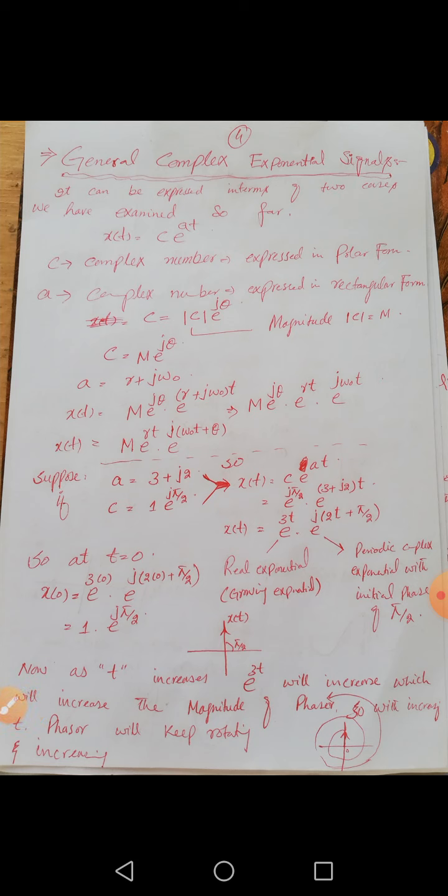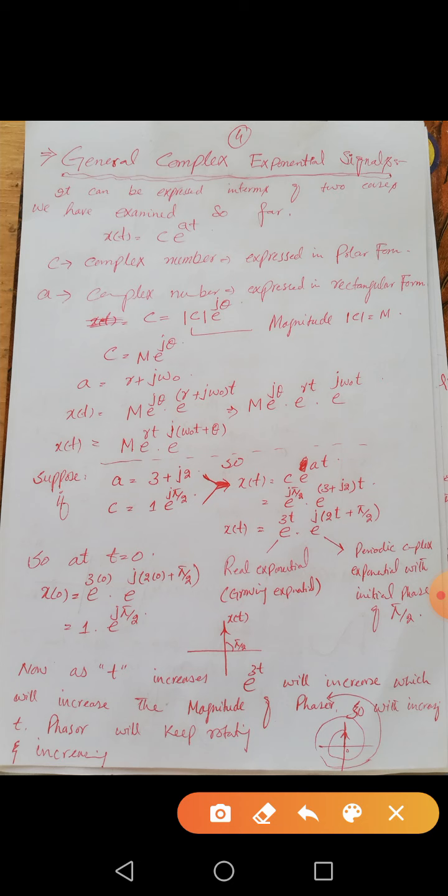Now till now we have studied two types of complex exponential signal: when C and A both are real, and when A is purely imaginary. In the general complex exponential signal, it can be expressed in terms of the two cases we have examined so far.